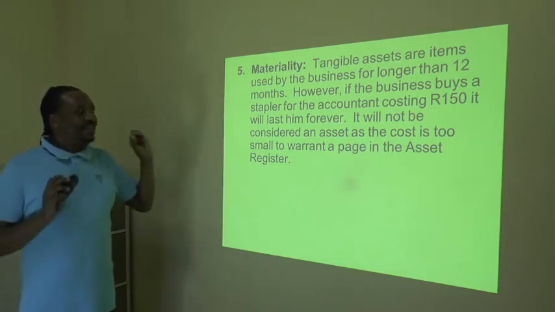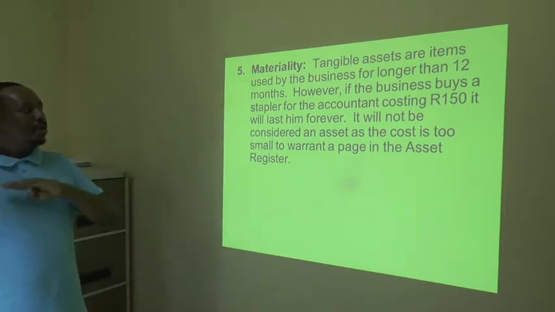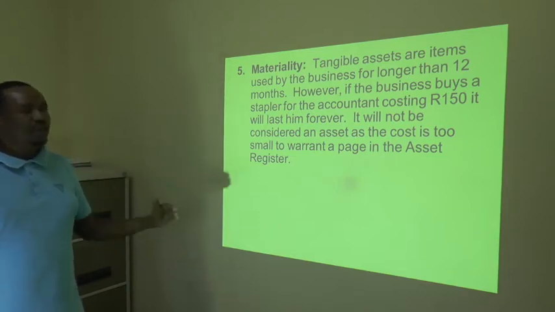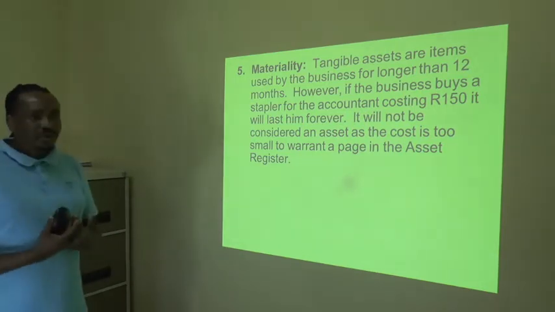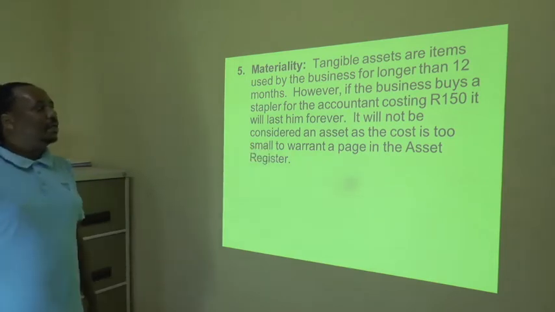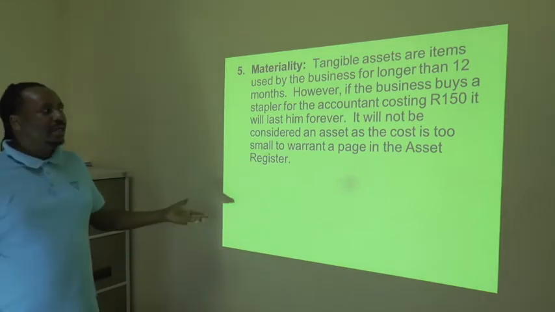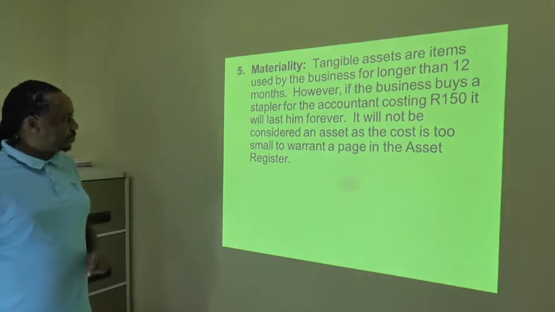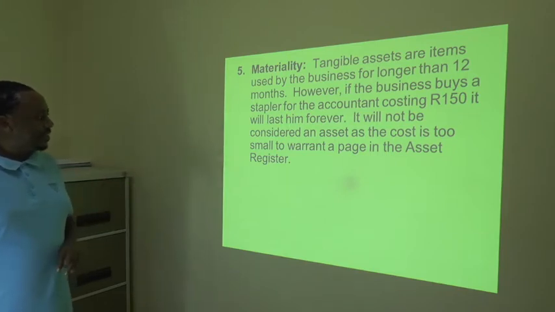So this is materiality, where other things are categorized separately. Even though a stapler lasts a long period of time, because it costs a small amount, according to materiality it must be put separately, at least as stationery. It won't be able to fit the details of it on the asset register.